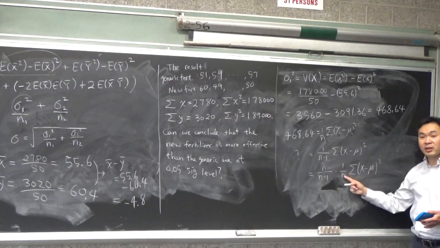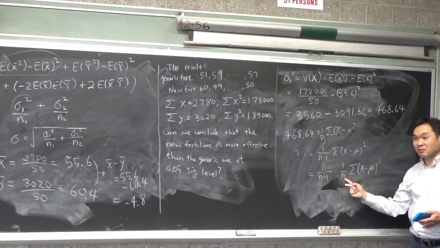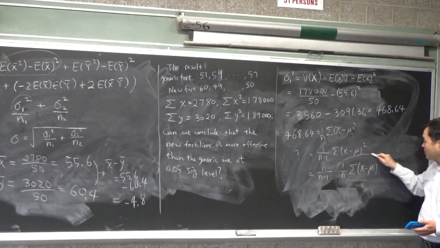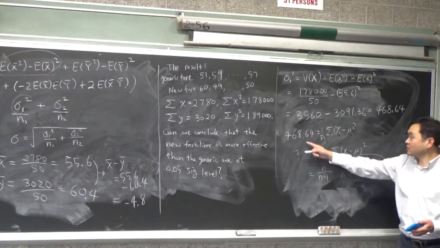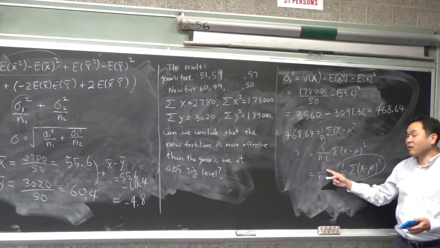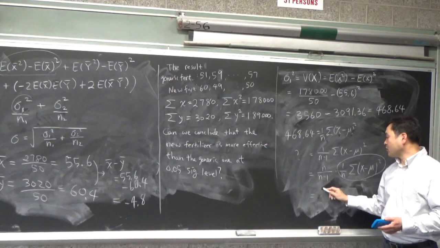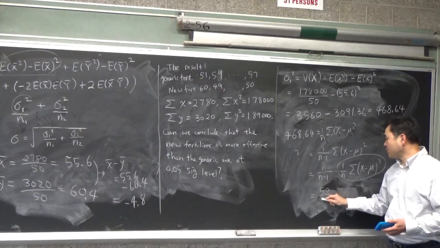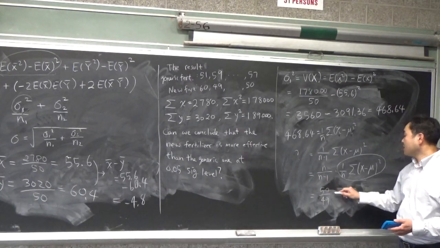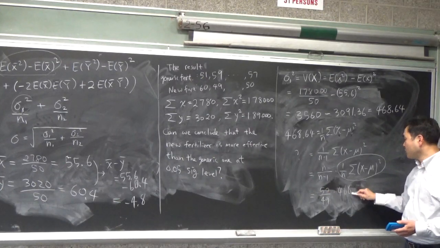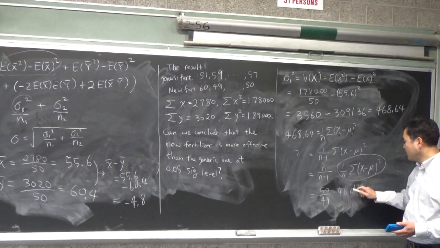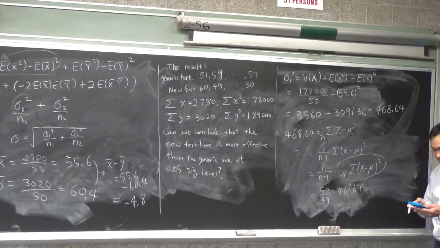See, n and n will cancel if you just stick an n here and there, right? But what is this? This is this value, right? And what's our n? 50. So what you have to do is 50 divided by 49 times 468.64. So let's see.